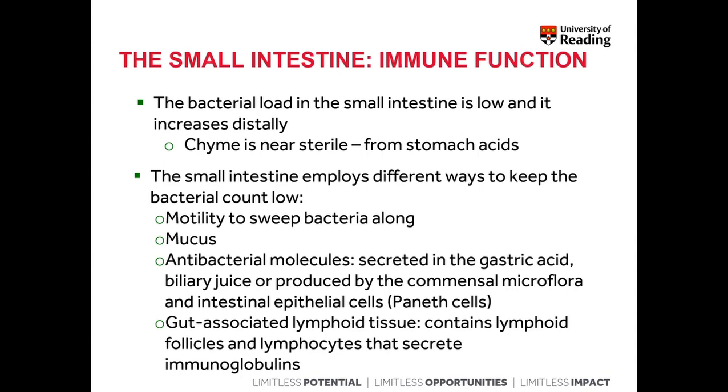Because you have to imagine an environment full of nutrients at 37 degrees and with a pH which gets close to neutrality when the chyme moves away from the stomach. So it is very important to keep the level of bacteria low in the small intestine.